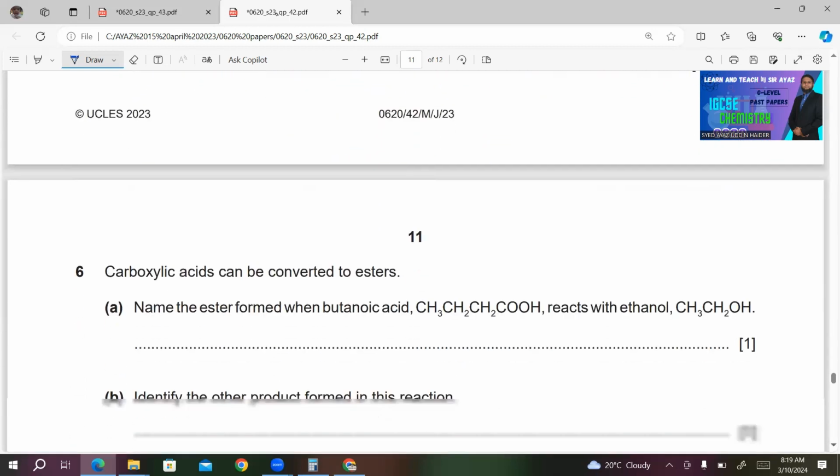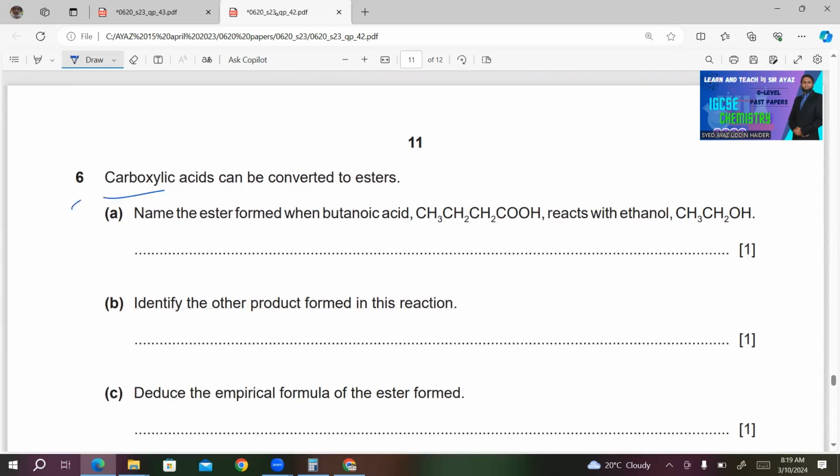Moving to the next question. Number 6, carboxylic acids can be converted to esters. A. Name the ester formed when butanoic acid, CH3CH2CH2COOH, reacts with ethanol, CH3CH2OH. The other name for an ester is alkyl alkanoate.